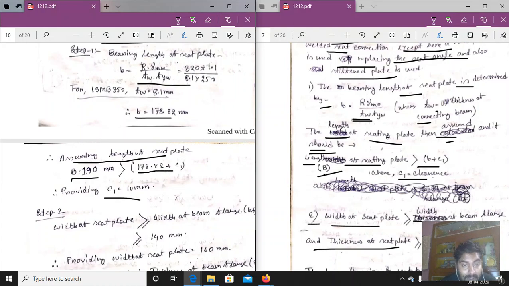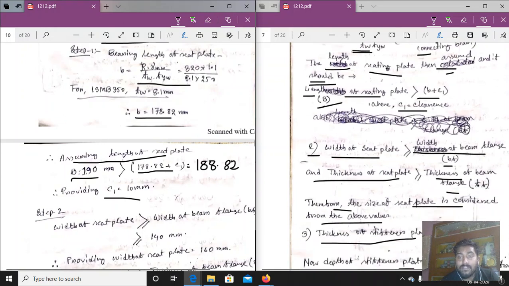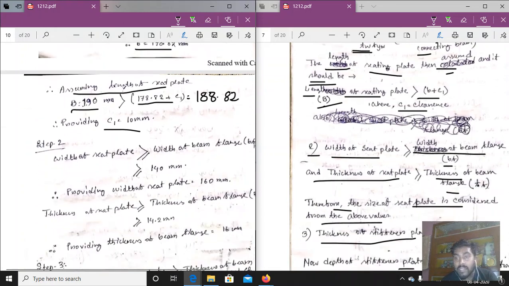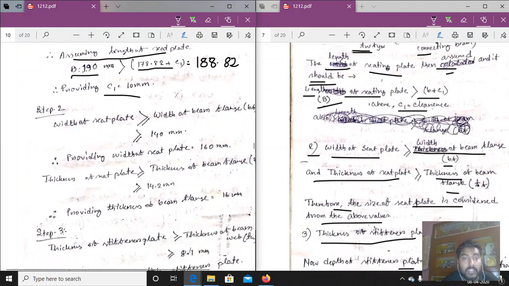So then it becomes 188.82. So the length is 190, so the first criterion is satisfied. Then the width of the seating plate should be greater than the width of the beam flange.